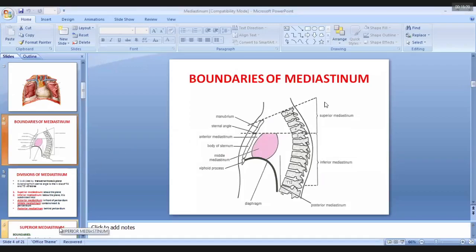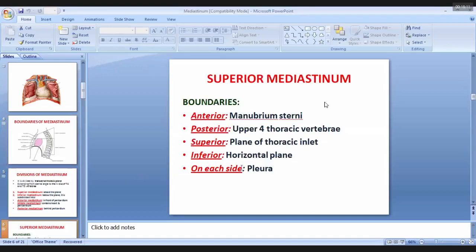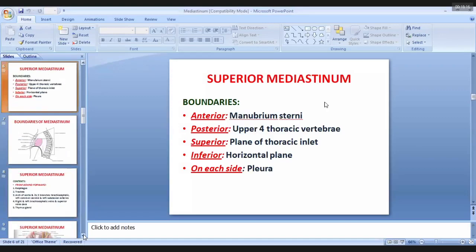Okay, ma'am. Then the superior mediastinum. The boundaries of the superior mediastinum, and now these are the specific boundaries of each mediastinum. The superior mediastinum is anteriorly bounded by the manubrium part of the sternum, posteriorly by T1 to T4 vertebrae, superiorly by the thoracic inlet, and inferiorly by that horizontal or transverse thoracic plane, and on each side there are the two pleural cavities.